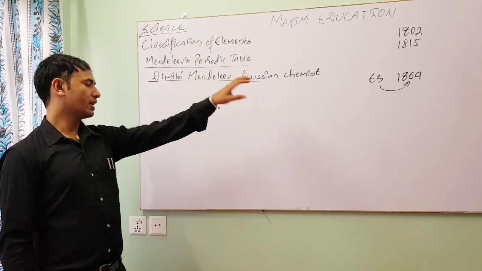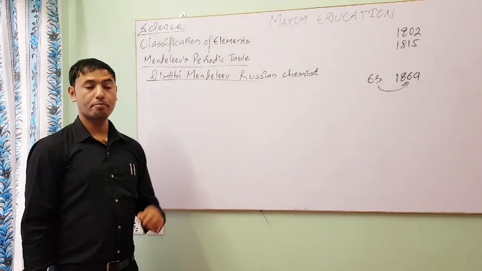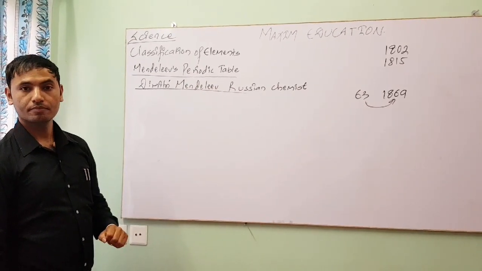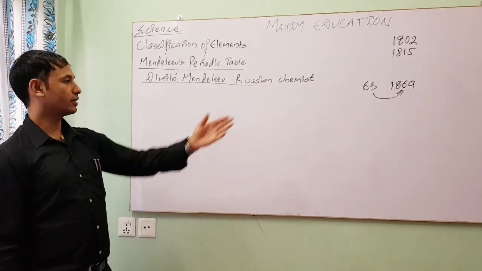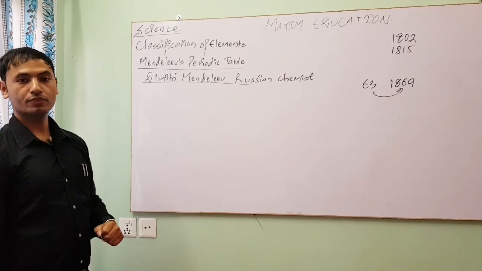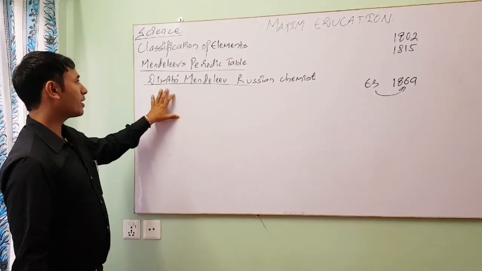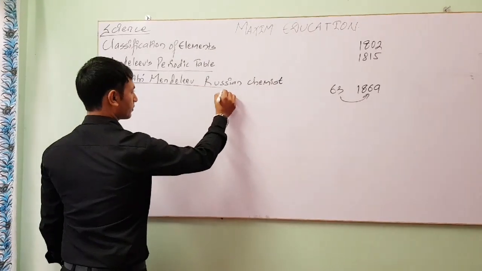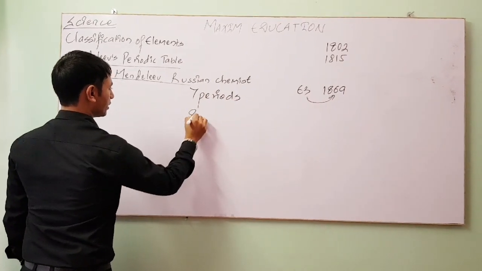Dmitry Mendeleev classified 63 elements in 1869, because at that time that many elements were discovered. It was a long time back, it's 2019 and that was 1869, only a few elements were discovered. At that time, he divided 63 elements into 7 periods and 8 groups.